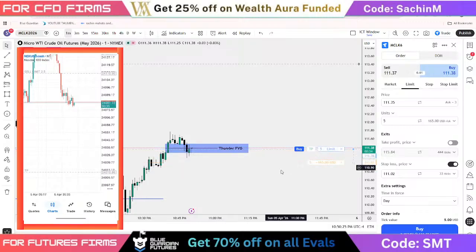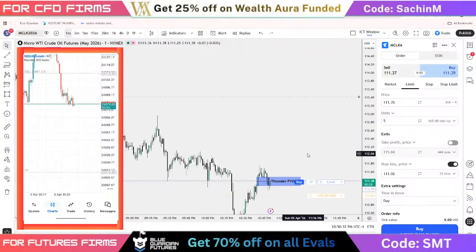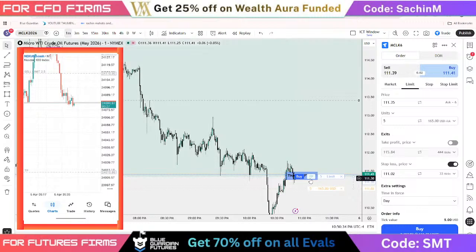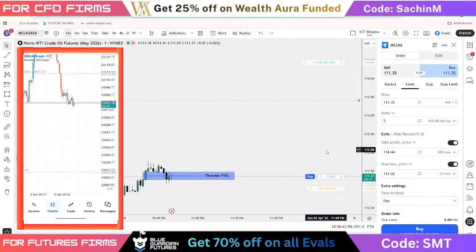Should we take this trade? If I take this trade, how much will I be in profit? Let's see. I will just cover all the losses, and I will be break even if I take this trade.